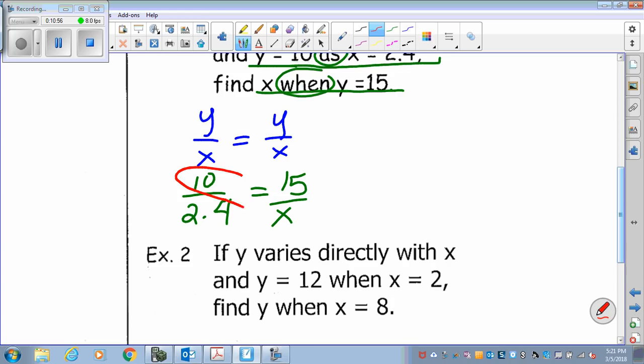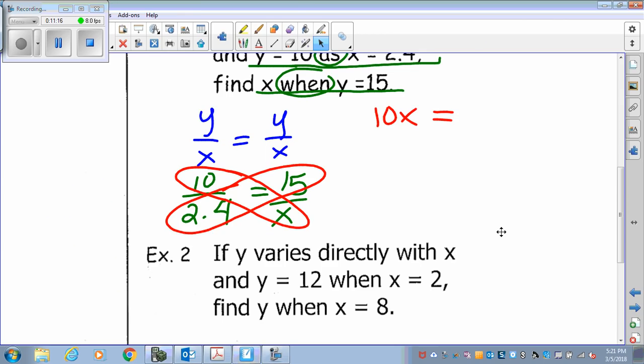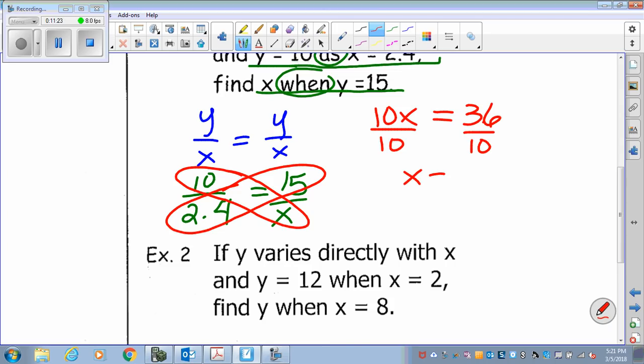So I like to have my x on the left, so I'll do 10 times x first equals 2.4 times 15. All right, so 2.4 times 15 is 36. And so I'm going to divide by 10, so we get x equals 3.6, right? You just bring that decimal over one time and put it right there.